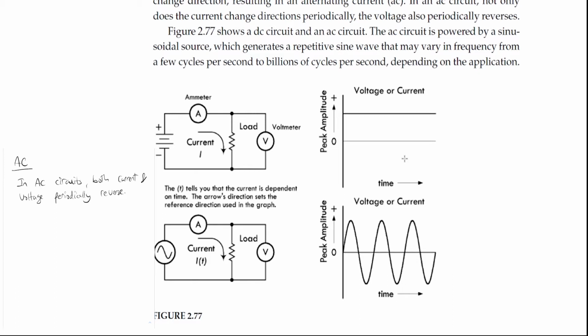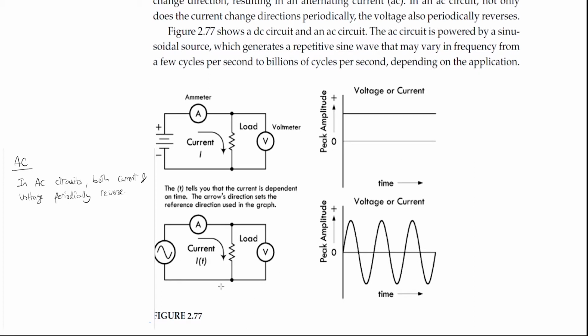That may vary in frequency from a few cycles per second to billions of cycles per second, depending on the source. Okay. So the t tells you that the current is dependent on time. Where's the t? Oh, here.